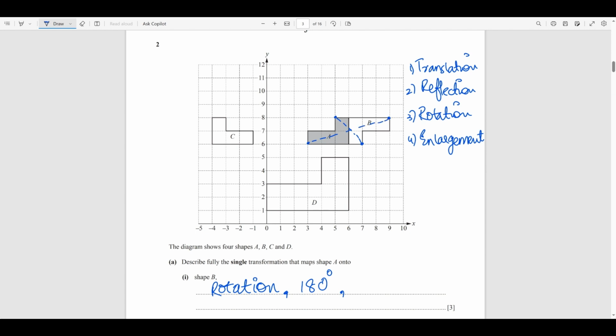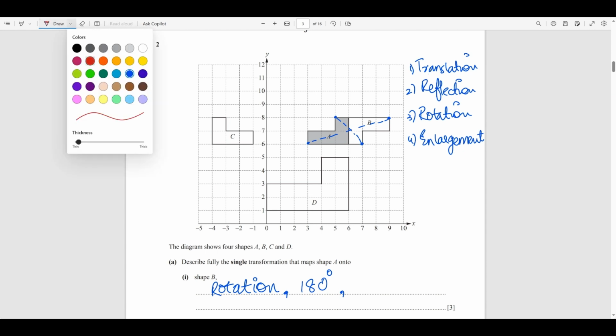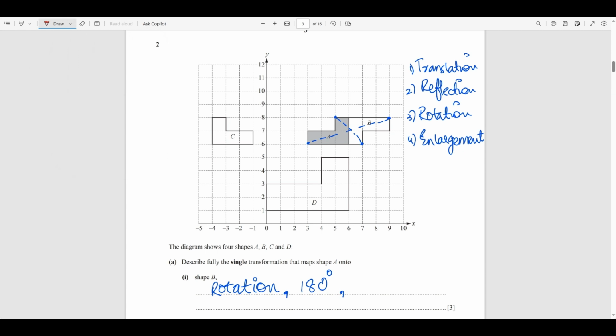Then with these two lines you have to draw perpendicular bisectors to see where these two perpendicular bisectors meet. So I'm going to draw a rough perpendicular bisector. You put your compass needle here, make an arc. You put your compass needle on the same point, make an arc down. Shift the needle, put it here, make an arc up, make an arc down.